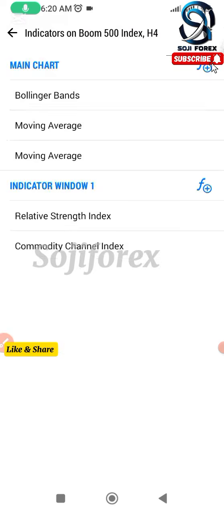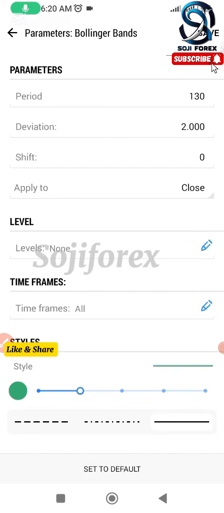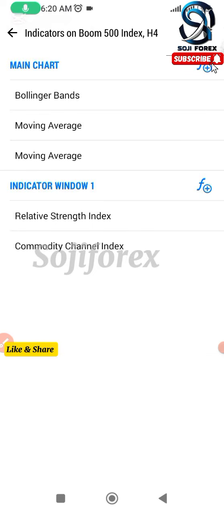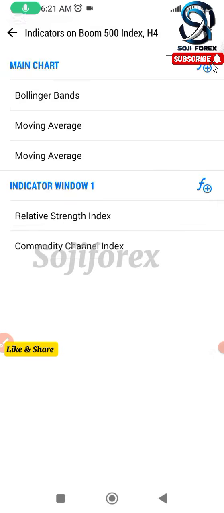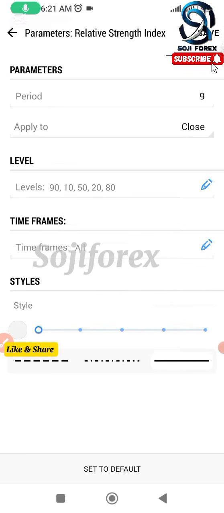So here is the indicator. We are using the Bollinger Bands. The period is 130, deviation is 2.0, the shift is 0. You apply to close. So you can take a screenshot of all of this and do the settings on your own accord. And then here is the second moving average. Then we have our Relative Strength Index. As you can see, the period is 9.